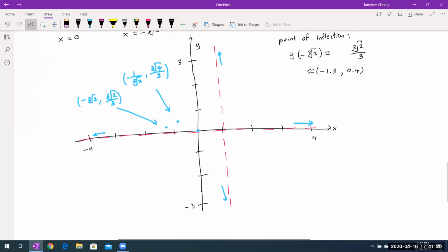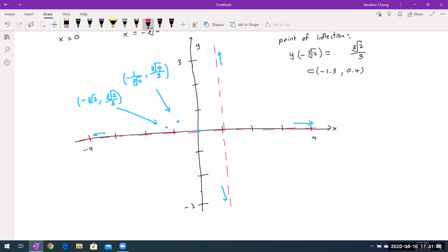So when we are graphing using all of this, first we're going to put our vertical asymptotes at negative 1 and positive 1, horizontal asymptote at 0, and then my x-intercept and y-intercept, which is right here at 0, 0. And then I have my local maximum point right here, okay? And then I have my point of inflection right here.